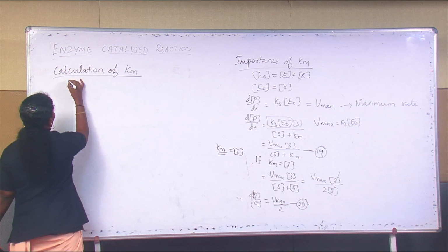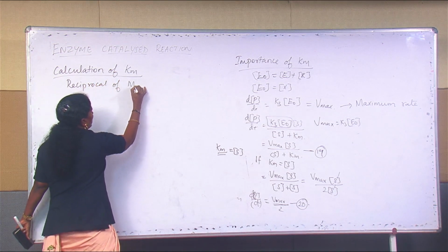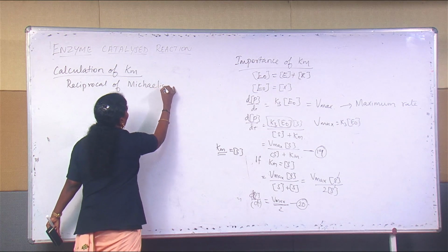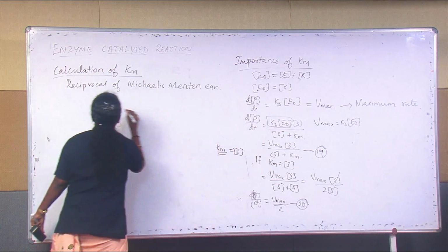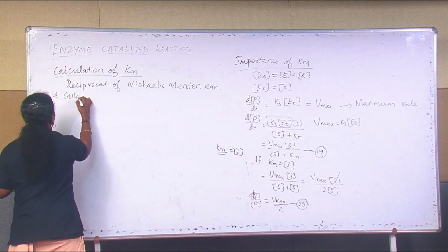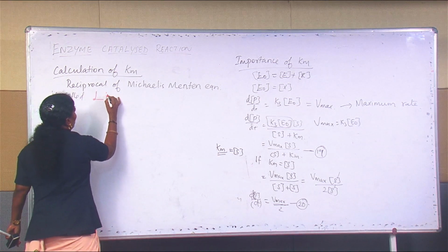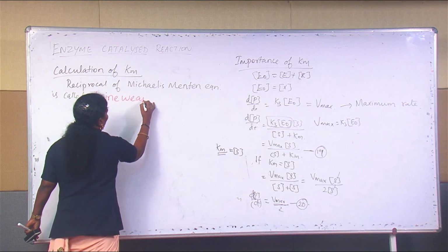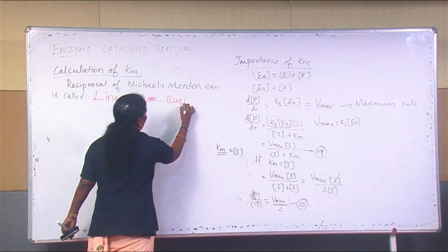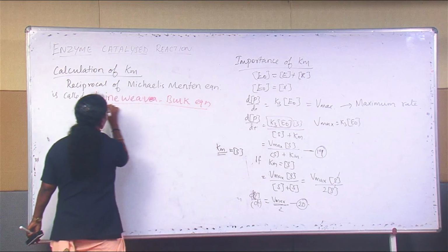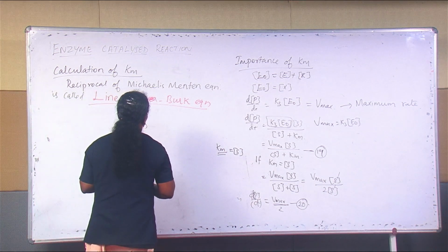So the reciprocal of the Michaelis Menten equation is called the Lineweaver-Burk equation. So the reciprocal of the Michaelis Menten equation is known as the Lineweaver-Burk equation.